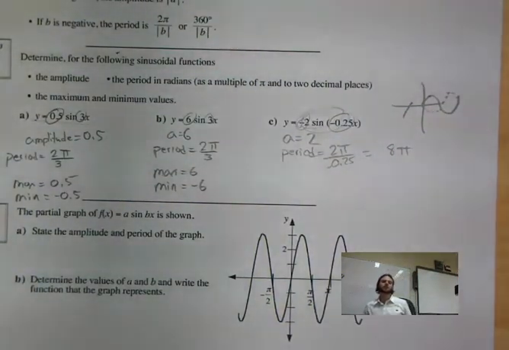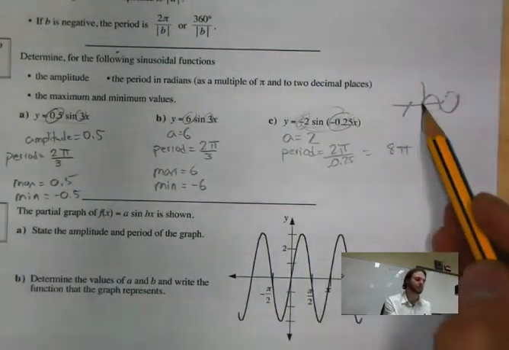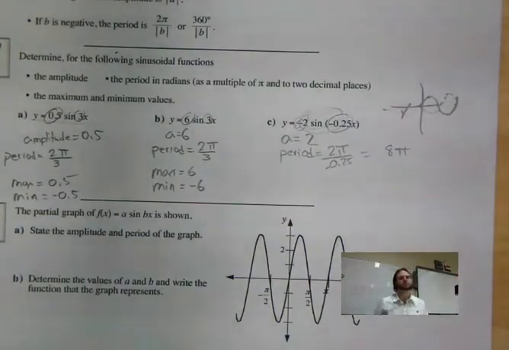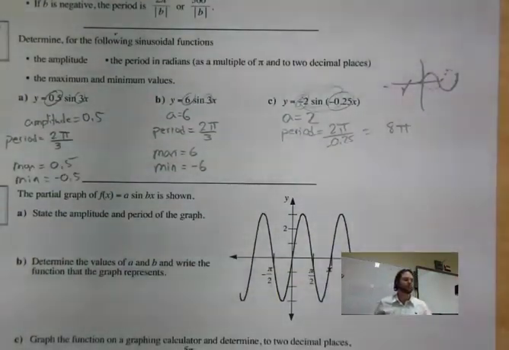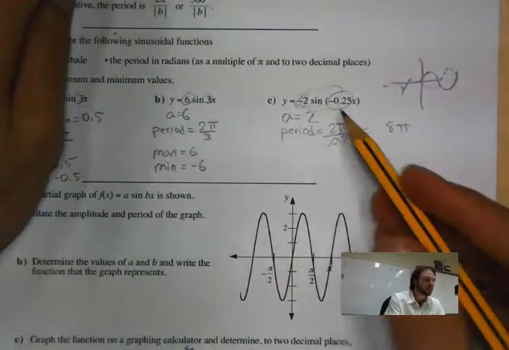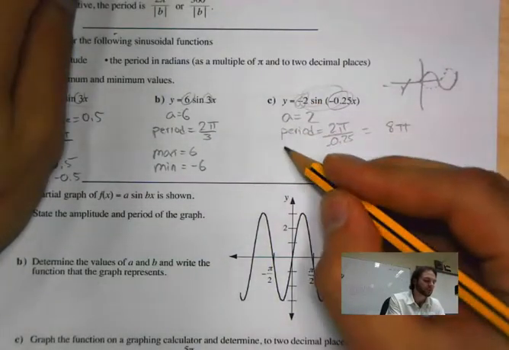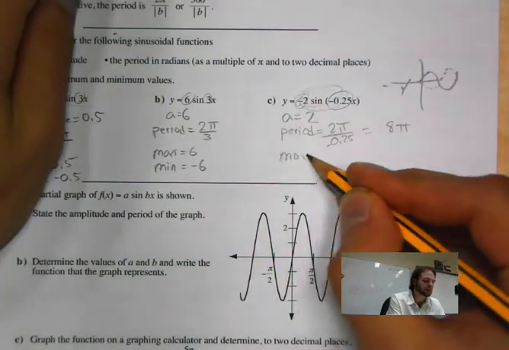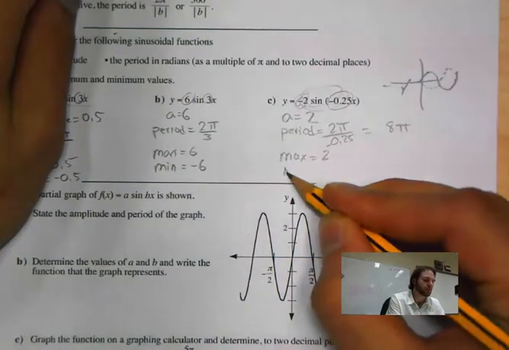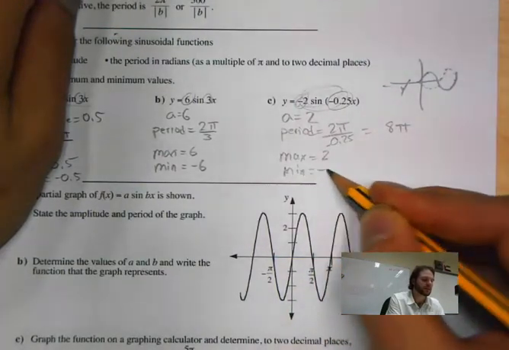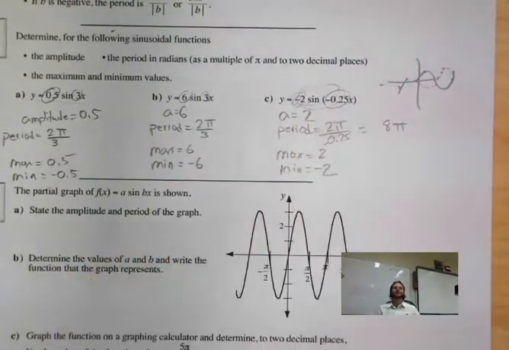It doesn't matter if it's negative or positive. All that does is flip it this way. You don't really have to know about that for this course. Now the next part is we want my max and my min. My max is going to be at 2, and my min is going to be at negative 2. So those negatives didn't really do anything to max and min or period, or even my amplitude.